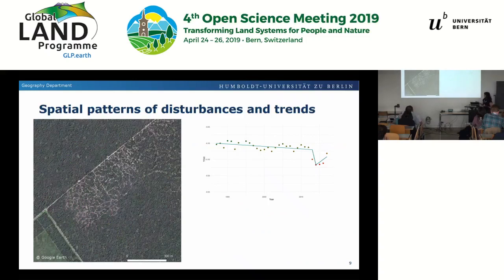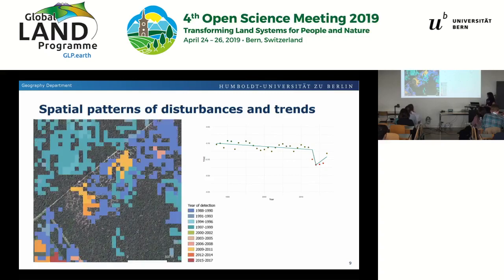So here again we have an example of selective logging. Those are the little paths, very typical of selective logging, a skid path. And this is one of the metrics mapped for the pixels that exhibit disturbances.